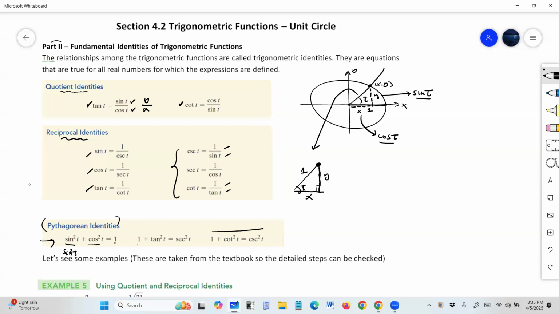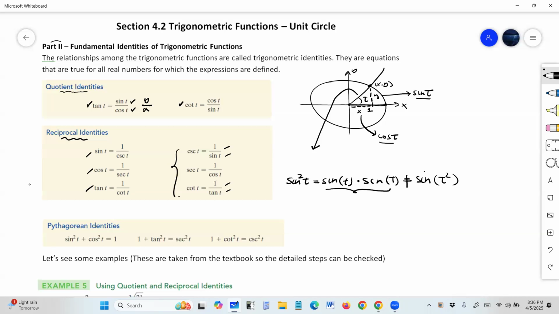Now, let me just mention one thing, because this is a common mistake when students are working with these identities. Sine squared t is equal to sine of t times sine of t, which is not the same as sine of t squared.